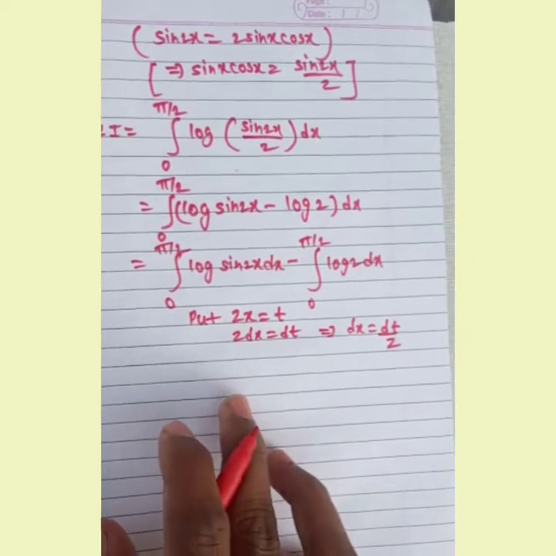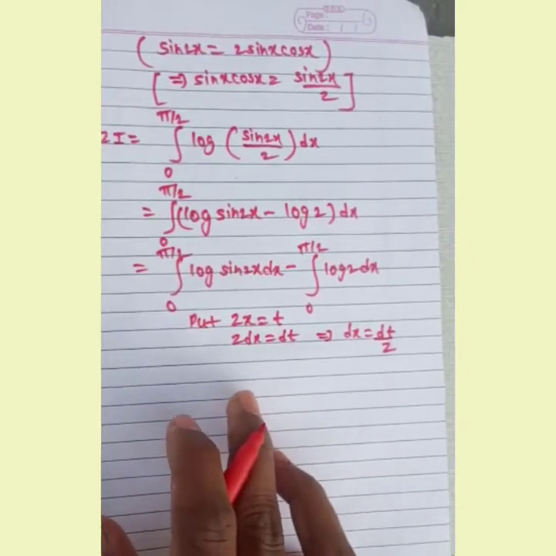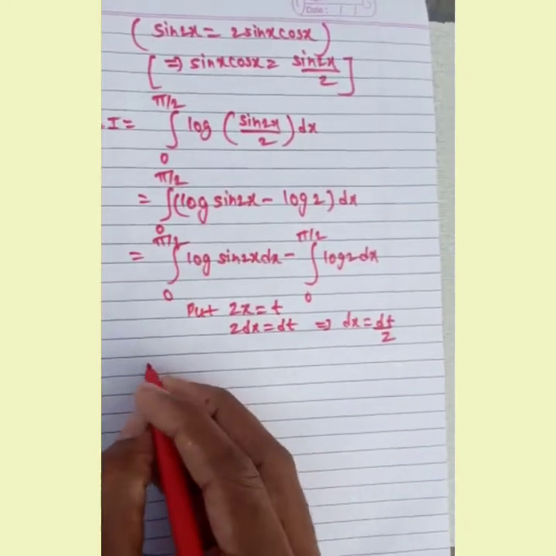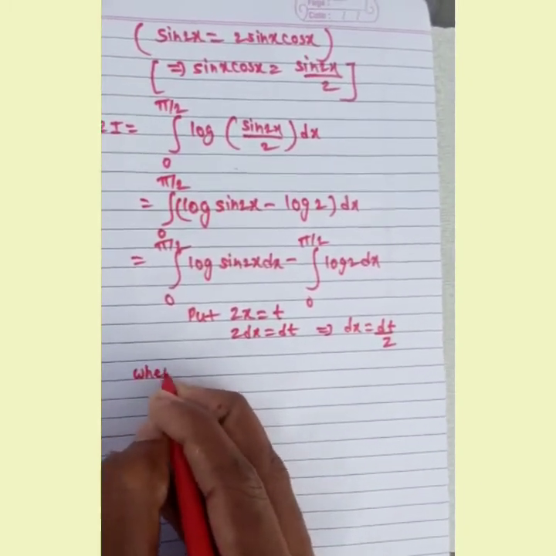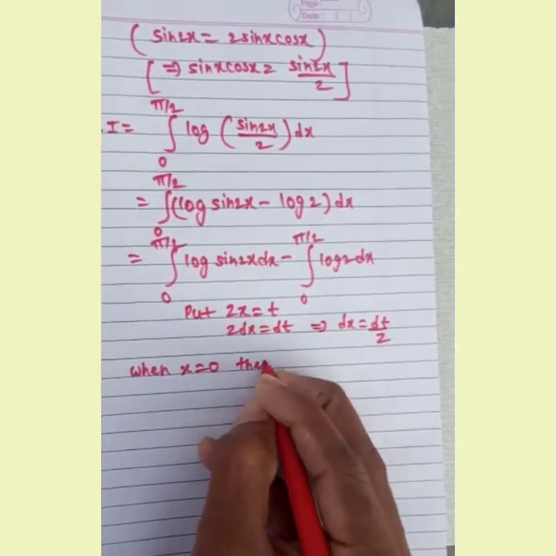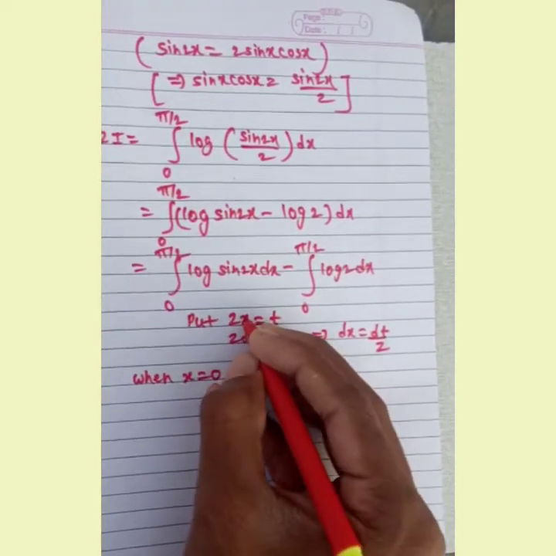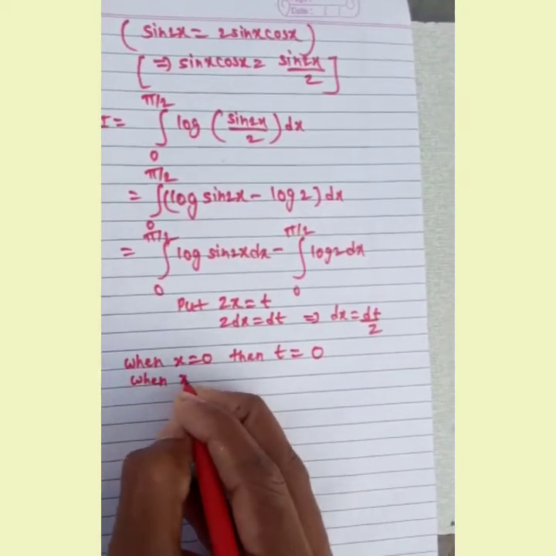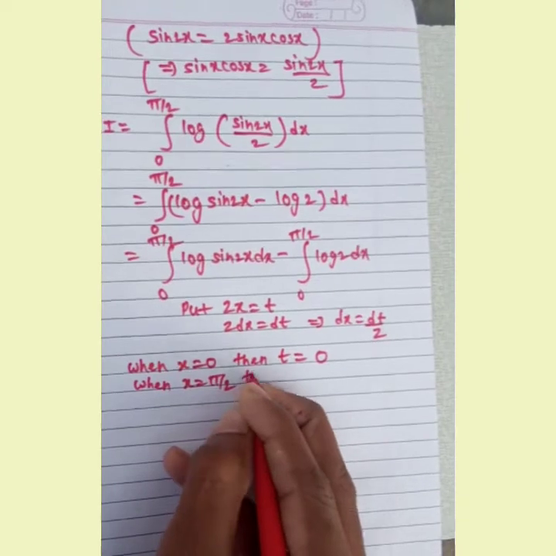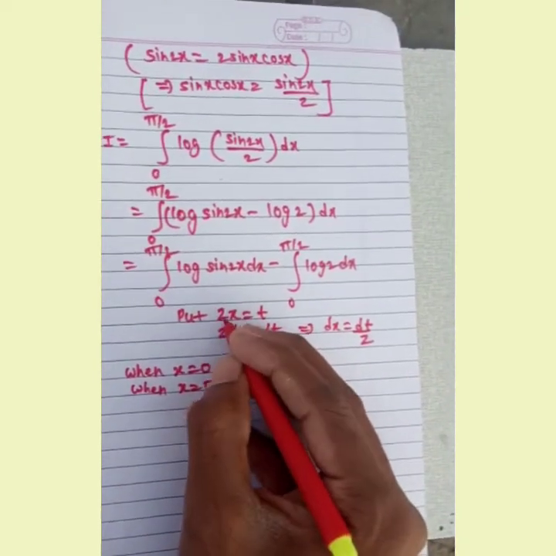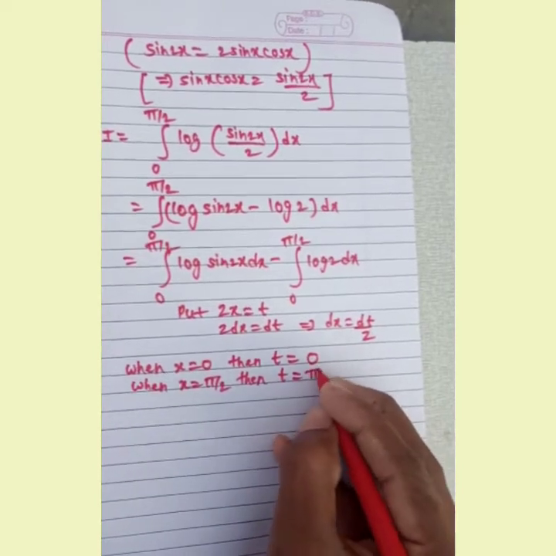As it is a definite integral, we have limits, so the limits will also change. When x equals 0, then t equals 0. Now when x equals pi by 2, the 2 gets cancelled, so t equals pi.